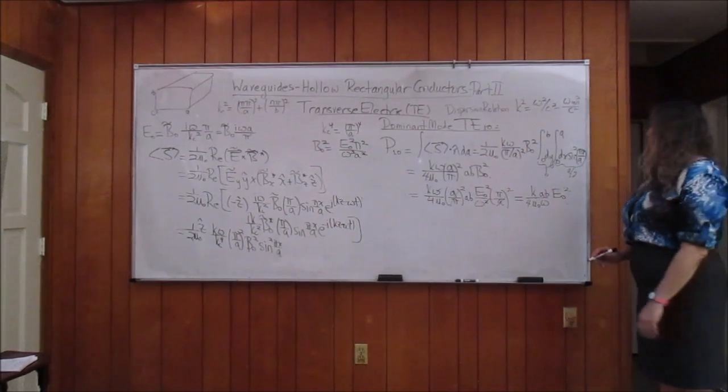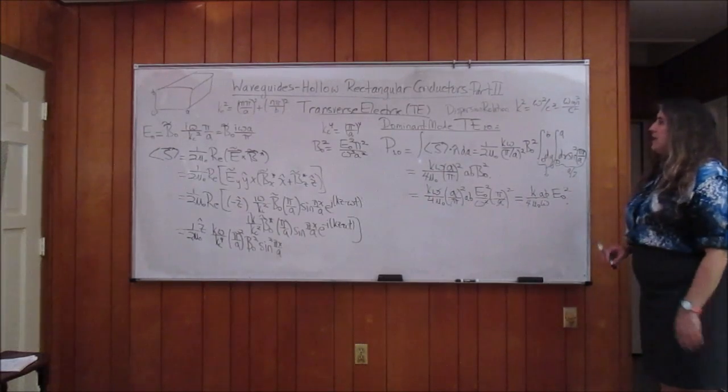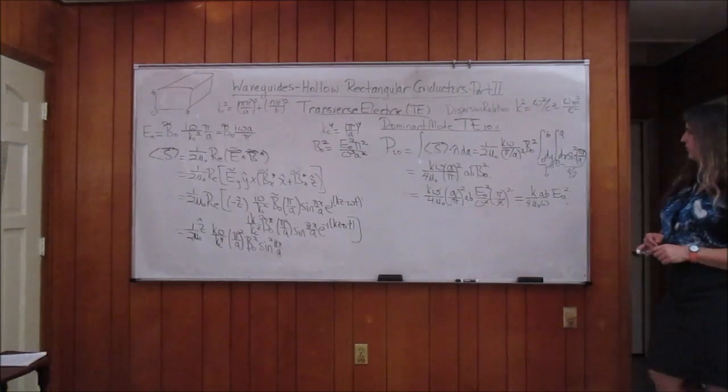So the power is kab over 4 mu naught omega e naught squared. So that's in terms of the peak electric field that exists inside of the waveguide.